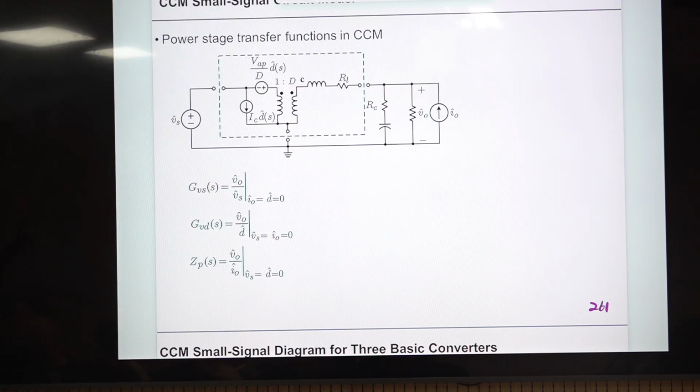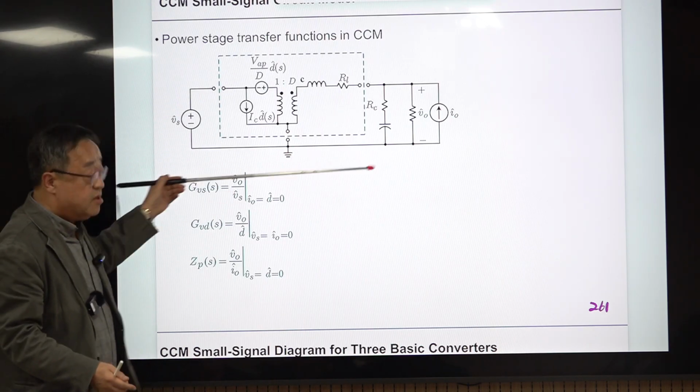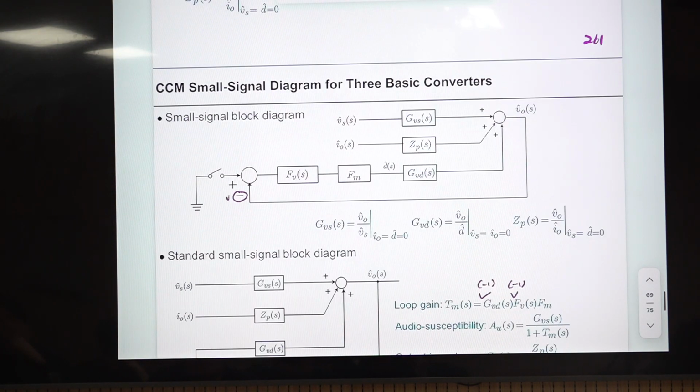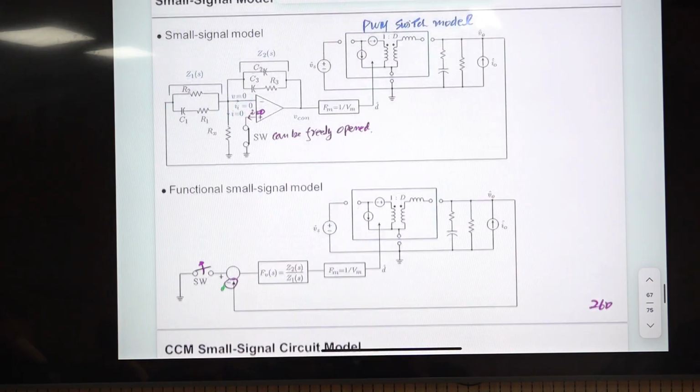There are three power stage transfer functions of importance and of interest. This one, this one, this one, okay? You derive this, then you replace this with this functional block. So this is the same as this one, okay?